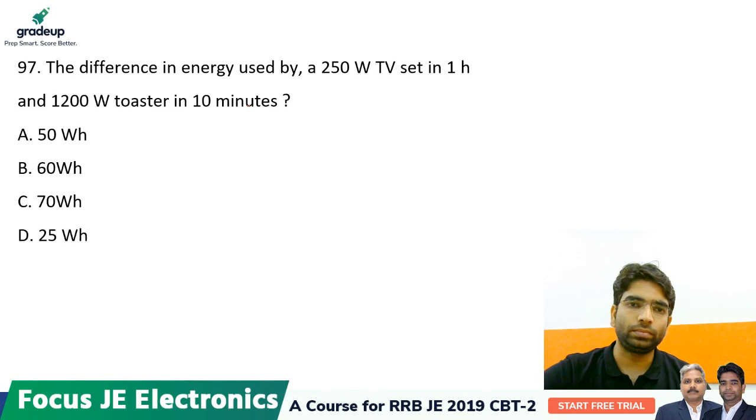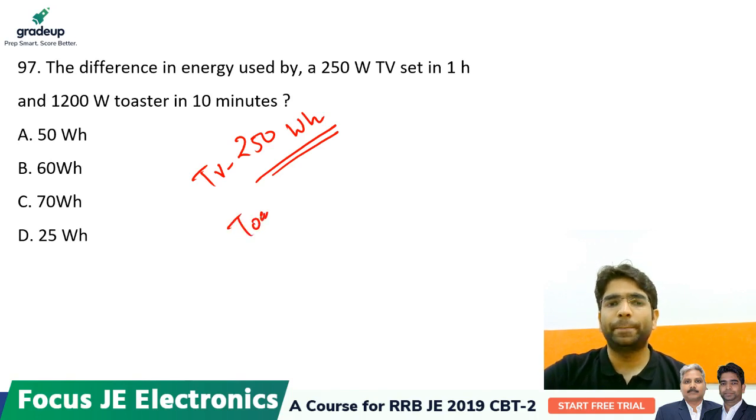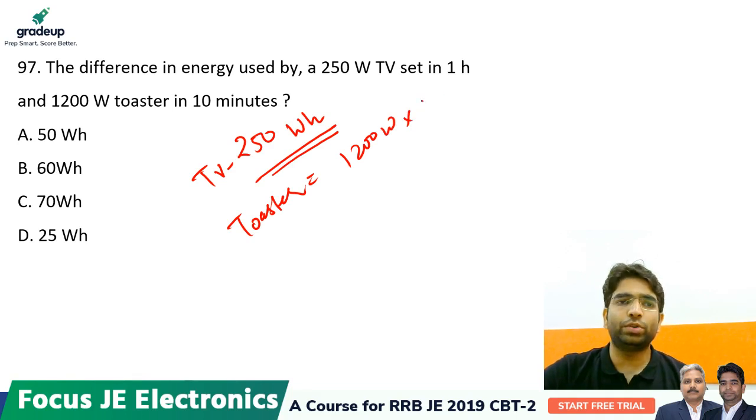250 watt TV was used for 1 hour, so 250 watt hour energy was consumed by the TV. The toaster is 1200 watt and was used for 10 minutes.